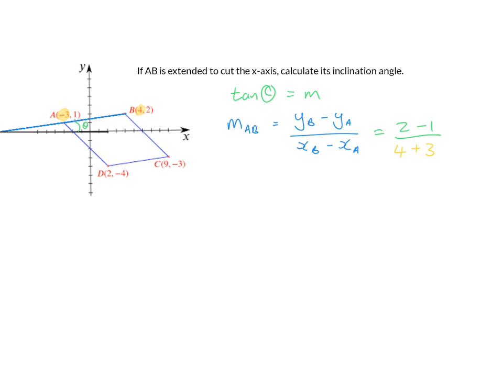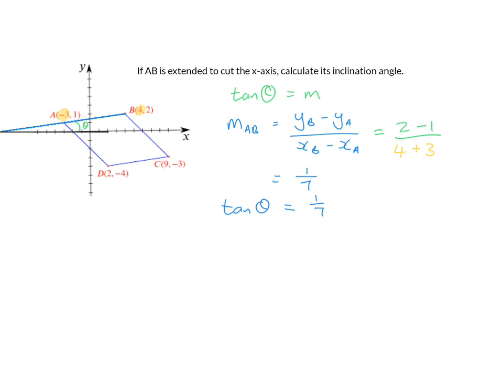So this then is equal to 2 minus 1 is 1 and 4 plus 3 is 7. So because we've now determined the gradient of the straight line is 1 over 7, we can write tan theta is equal to 1 over 7.